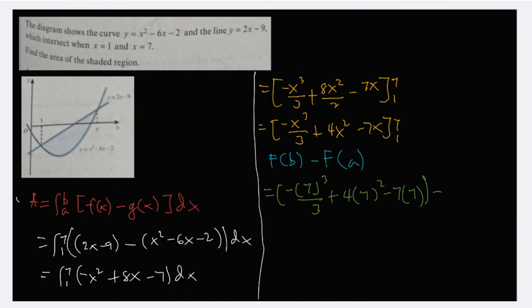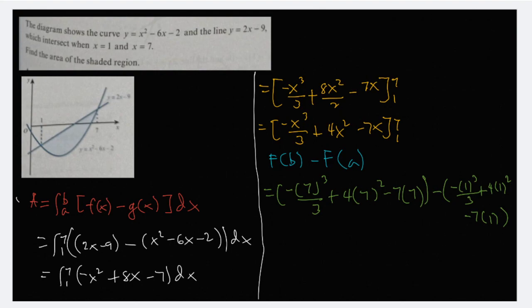So that would be 1: negative 1 raised to 3 all over 3 plus 4 times 1 squared, minus 7 times 1. Because we're just using Jamboard, if it's in the blackboard, the space will be very long.